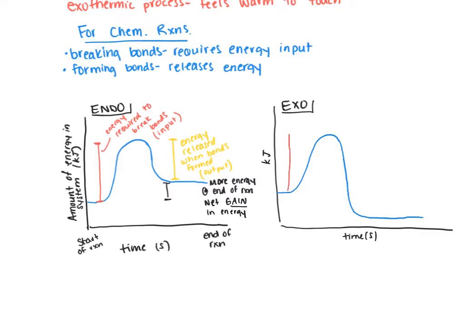So again, we have our input. And then notice here how we have a much larger output as bonds were formed. And what that does is it shows that we have less energy at the end of the reaction than we did when we started.